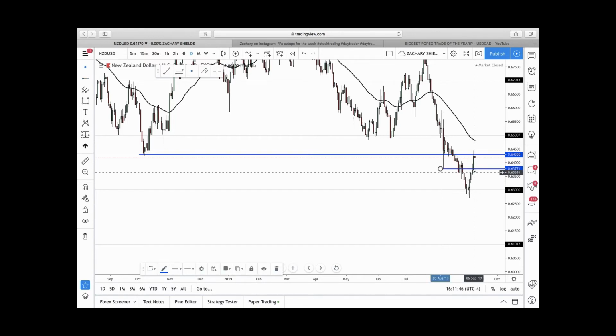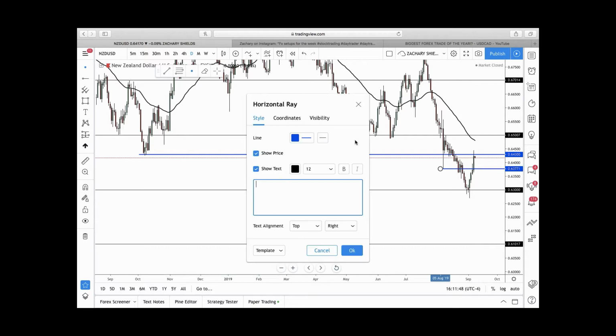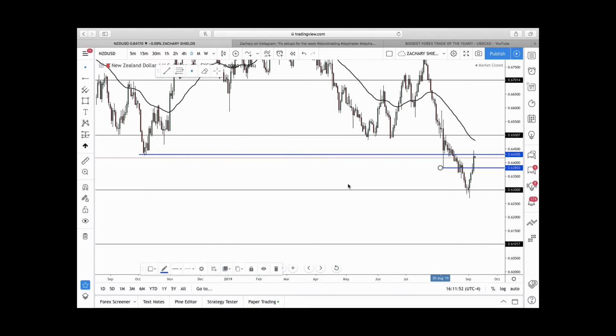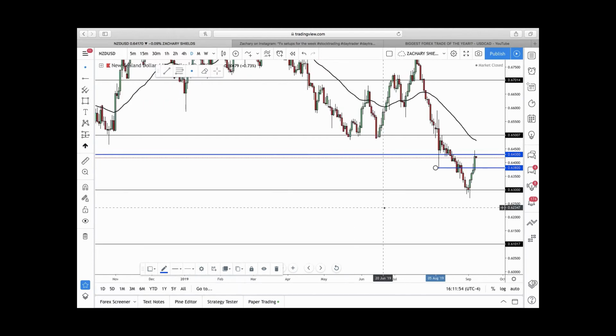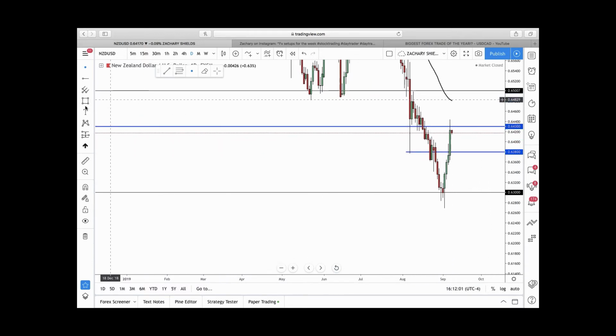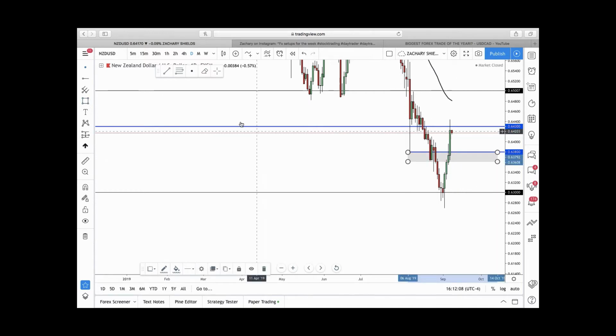I'm gonna use 0.638. I like to round off my major areas in the market. So we have 0.643, which is capping NZD/USD as resistance right now, and the next area of support is about 0.638. And I'm just going to highlight this gray region here.